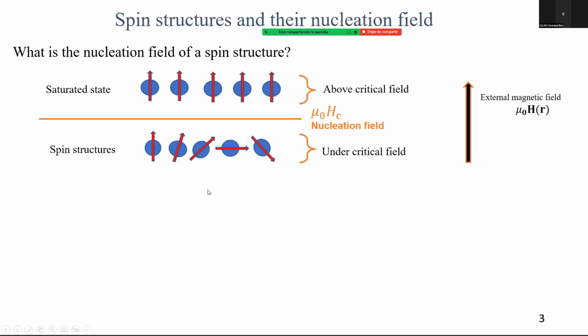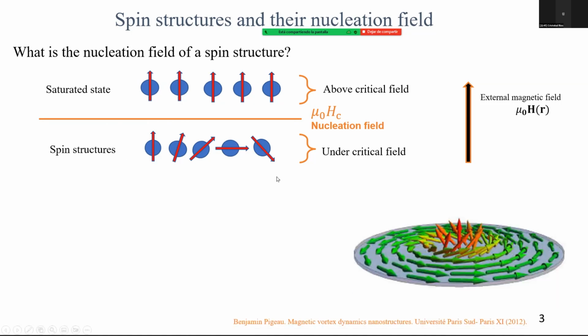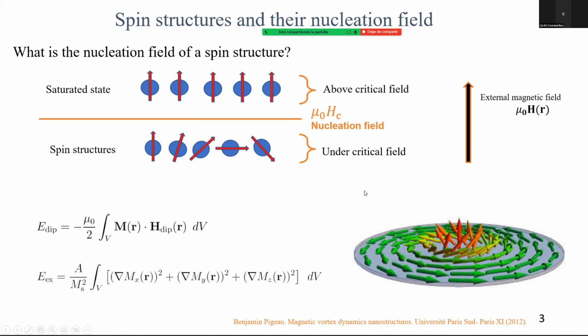are in the system. So for example, here we have a magnetic vortex in a nanodisk, and principally we have two interactions competing here. In the edge of the disk, we have the dipolar energy trying to close all the field lines, while in the vortex core, in the center, the exchange energy tries to maintain the spins parallel to each other.